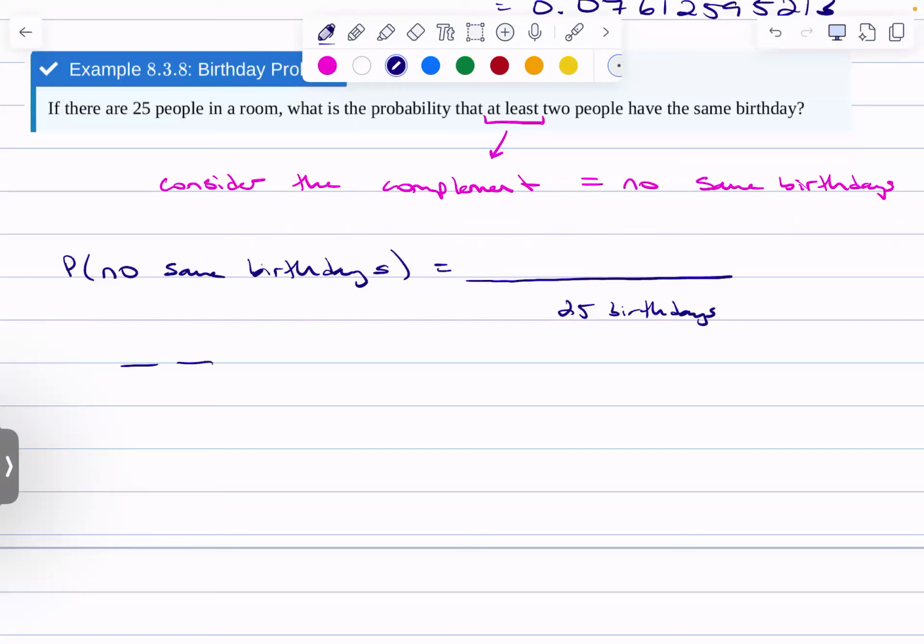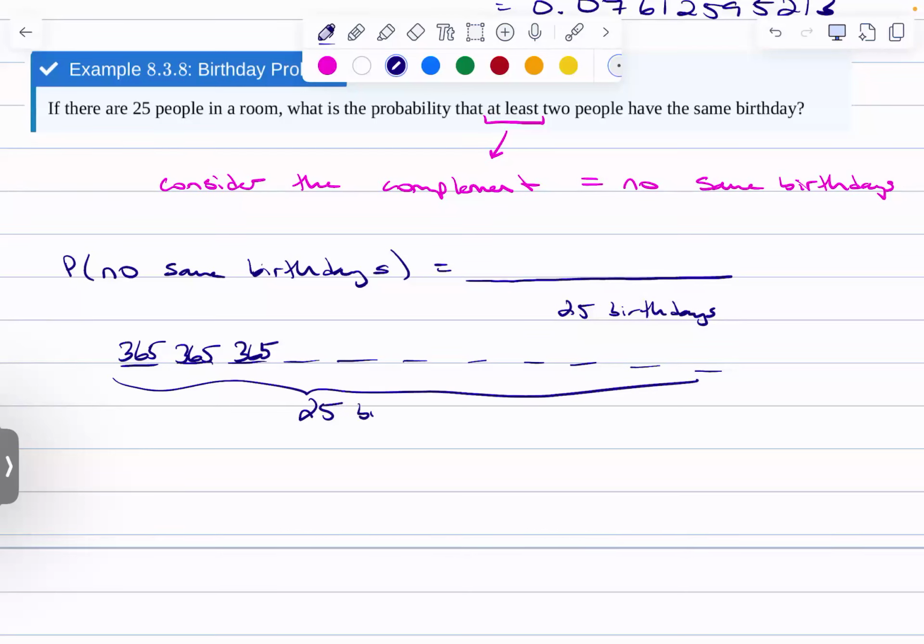You could use your slots: 25 slots, each having 365 options. Let's assume no leap years. If you got a leap year birthday, you're bunging up our birthday problem. So this is going to be 365 to the power of 25. That's how many total possible combinations of birthdays we could have.